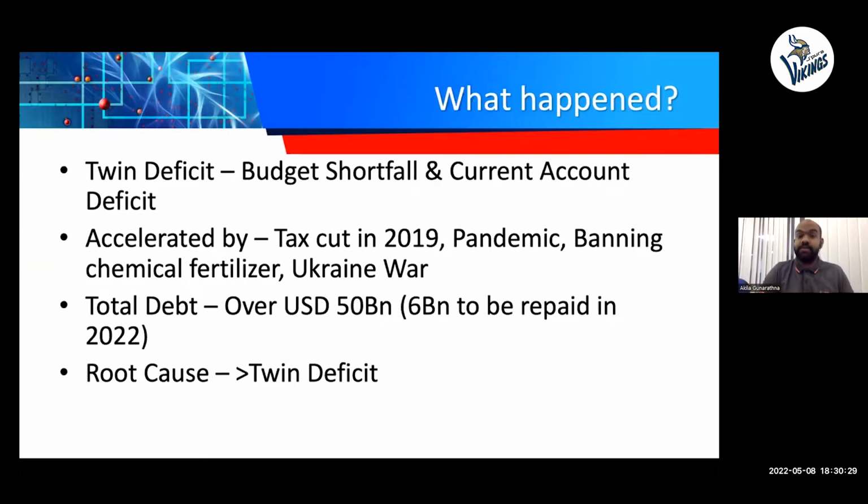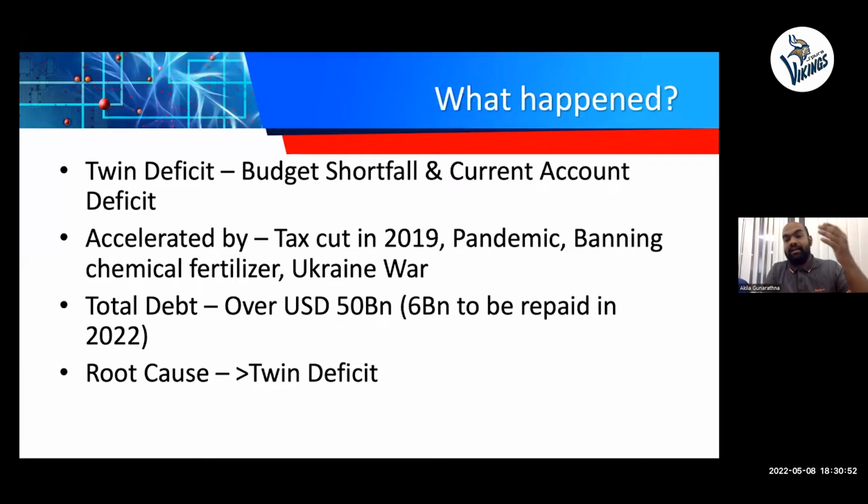So that's the story. If I'm to summarize what happened to Sri Lanka: you had a budget shortfall associated with the current account deficit, because of the way we've been doing things, importing a lot, exporting less. And we didn't have a long-term plan.